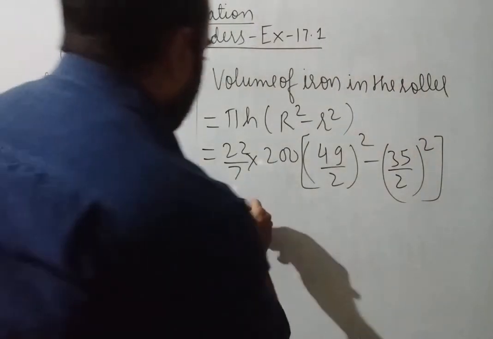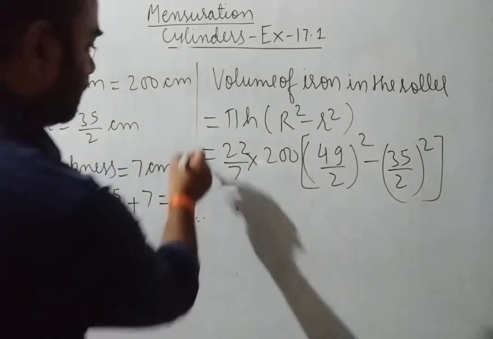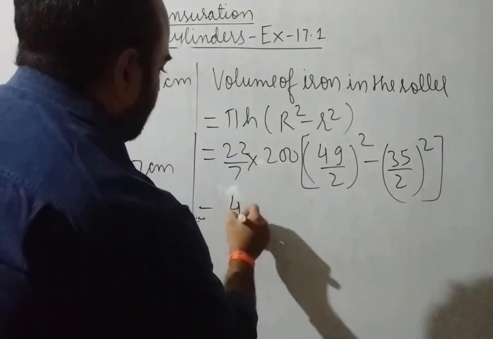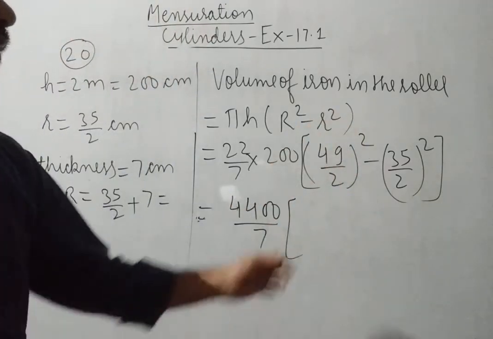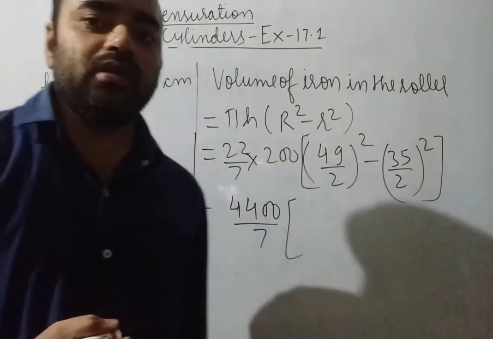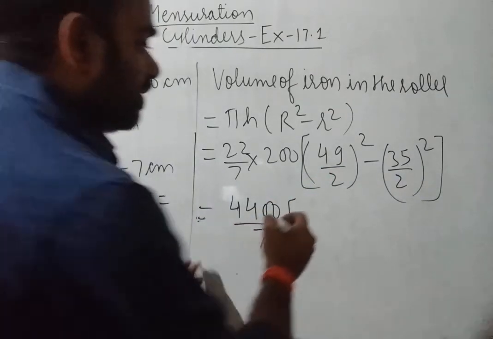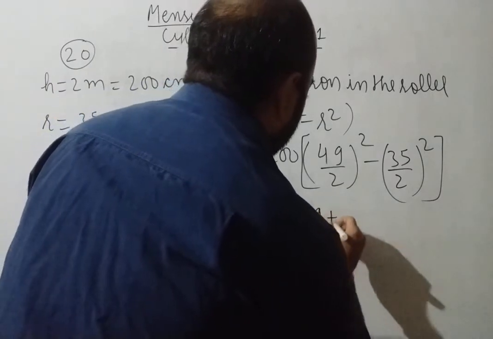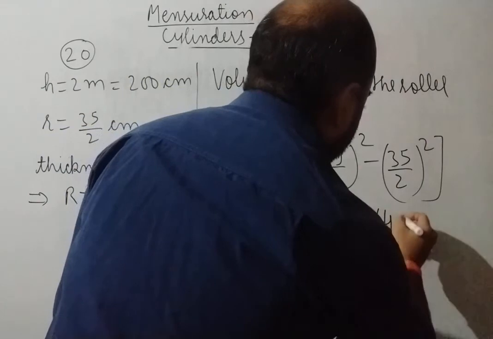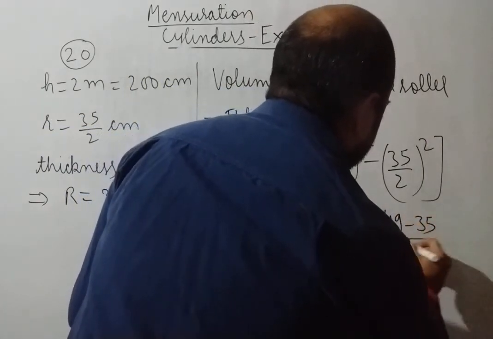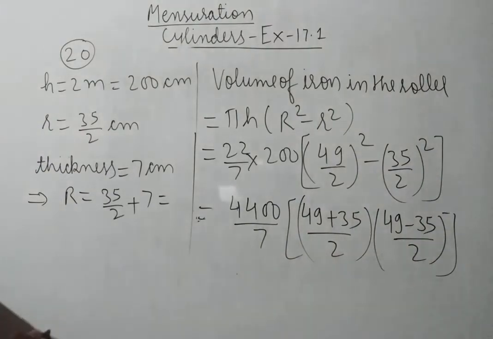So this will be finally 4400 by 7, and you can apply a square minus b square. A square minus b square means a plus b and a minus b. It means we can write 49 plus 35 by 2 and 49 minus 35 by 2. Or directly you can calculate by taking the square.